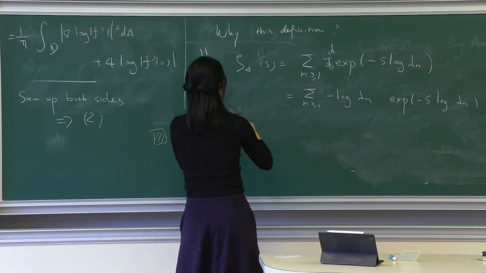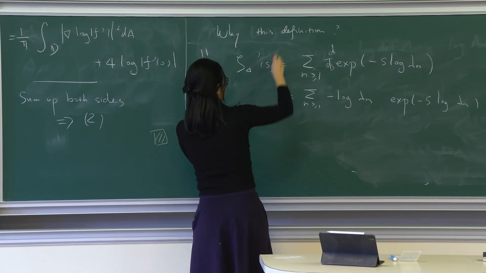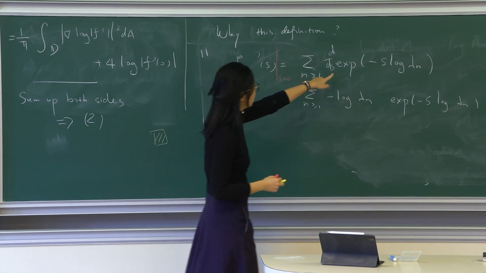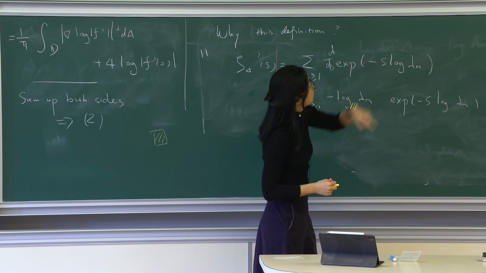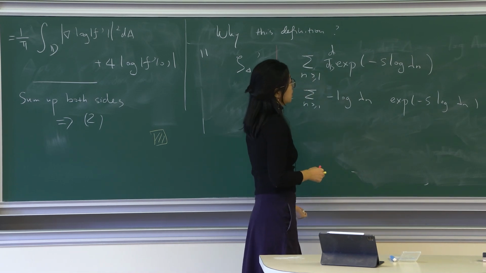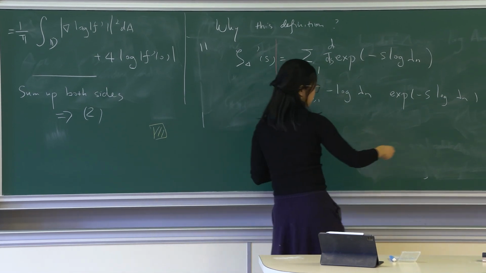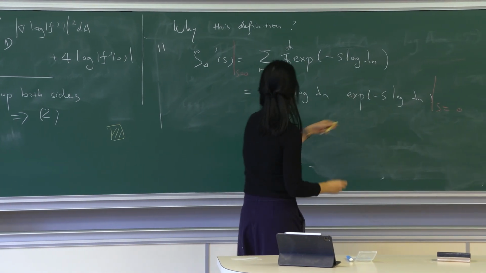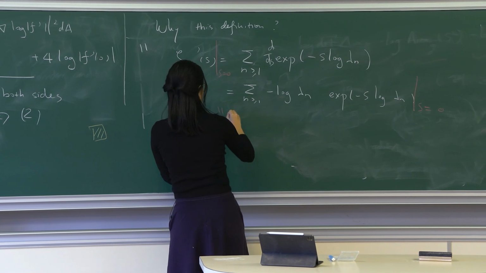So now if I ask it to be s equal to 0, well, of course this expression only works if s has real part strictly larger than 1, but still I'm going to do this. The exponential will give you 1. So this is heuristic.